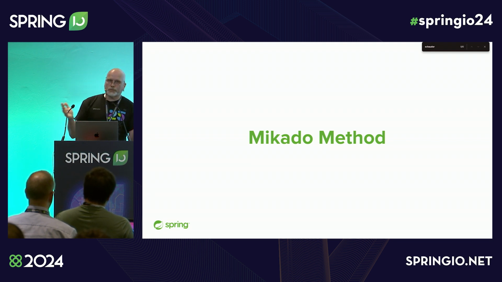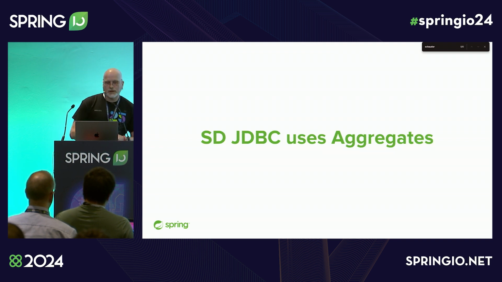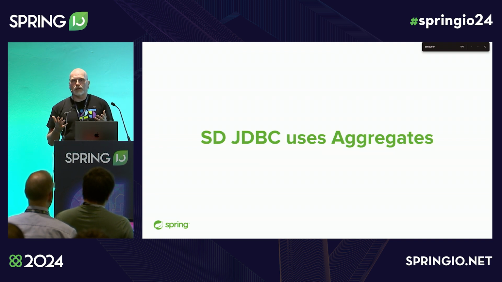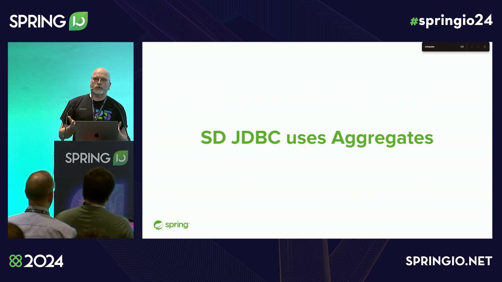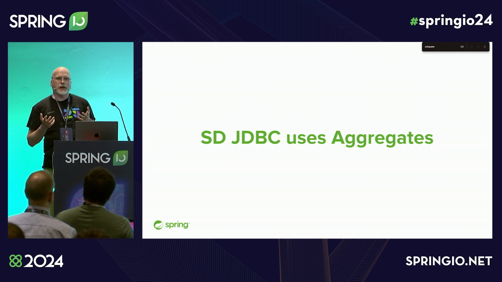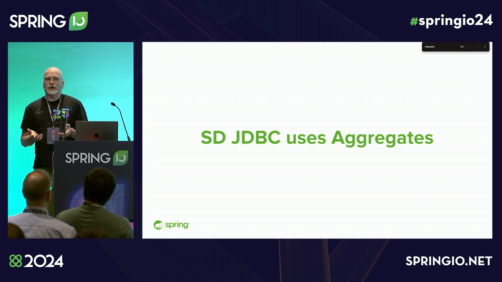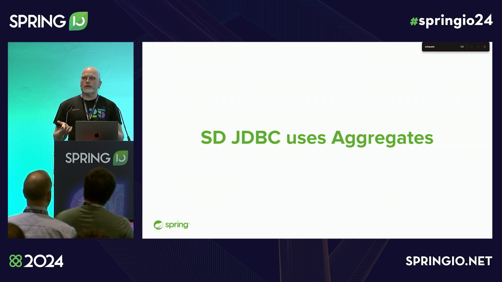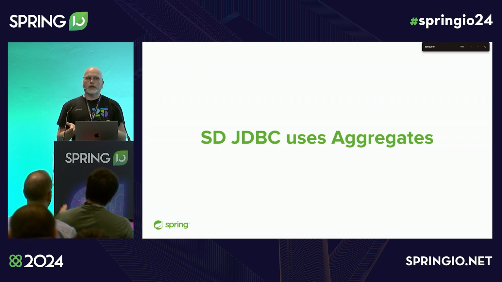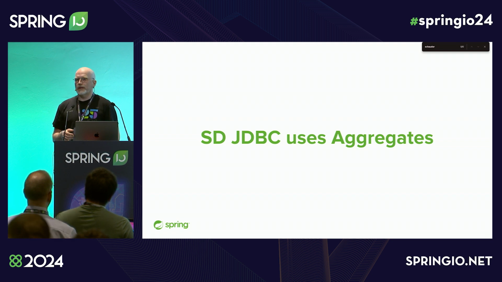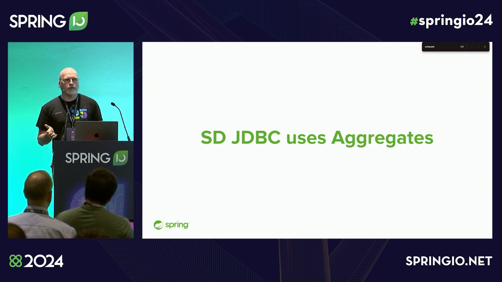So all this was pretty much technology independent. But there's one thing that comes from Spring Data JDBC itself. Spring Data JDBC is strongly based on the concepts of aggregates from domain-driven design. Who is familiar with the concept of aggregates? Okay. More than the Mikado method, still not enough.